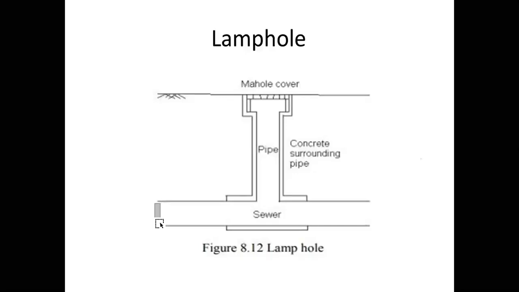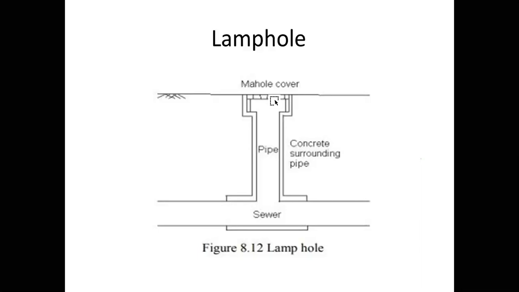Suppose here is the obstacle, you can see here is the obstacle. In that case, should we search the entire pipe laid in this area and go for excavation? We cannot. So for that purpose, we need to find out the exact location.